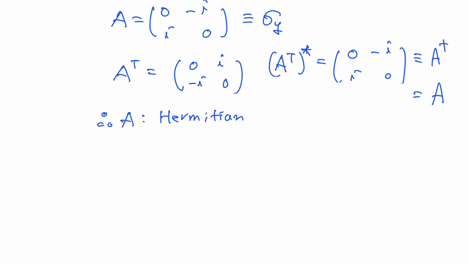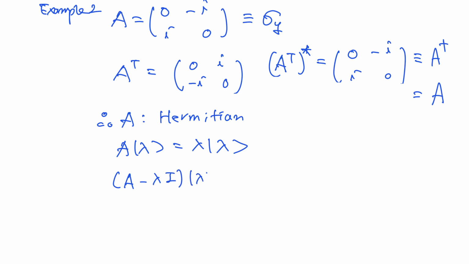So let's try to find out the eigenvalue problem. Eigenvalue example 2. So A times the eigenvector is equal to lambda times the eigenvector, right? So A minus lambda I is equal to 0. A minus lambda I is minus lambda, minus i, i, minus lambda.